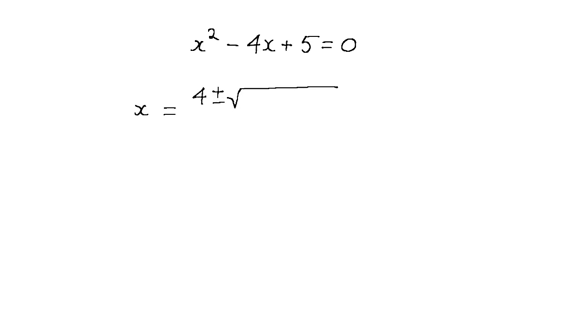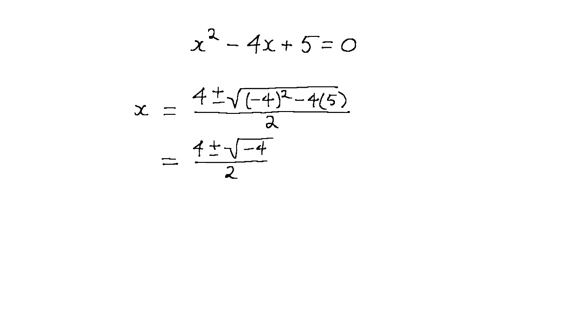Complex numbers help us solve equations for which solutions among the real numbers can't be found. Take for example this quadratic equation, x squared minus 4x plus 5 is equal to 0. Applying the quadratic formula leads us to a situation in which we're confronted with the square root of a negative number.